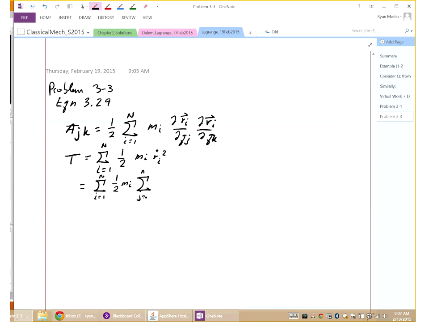This is j, j equals 1, and R, del Q_J. This is a Q dot. Be sure to keep track of your Q dots.